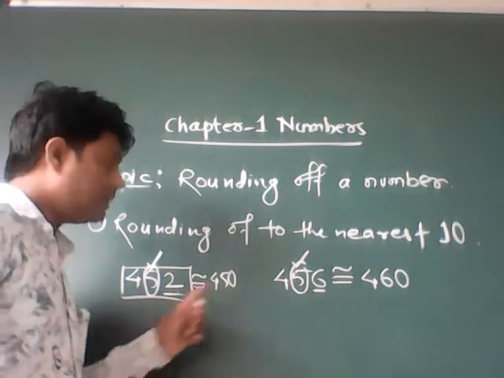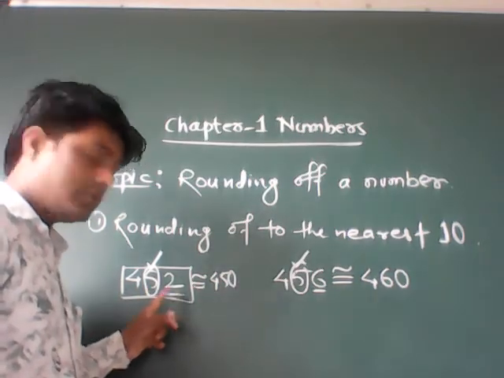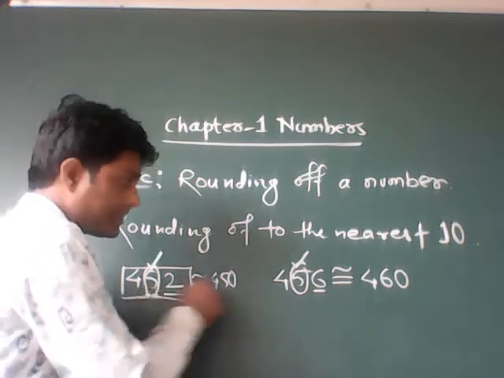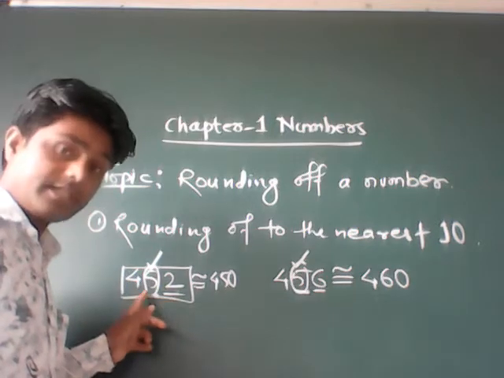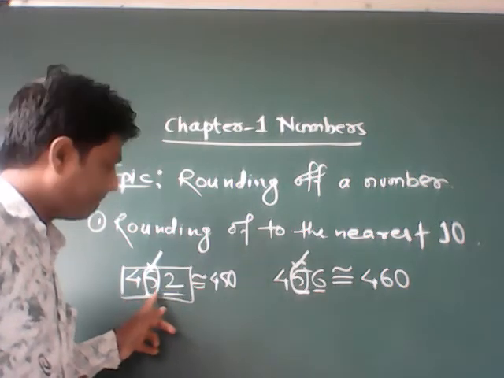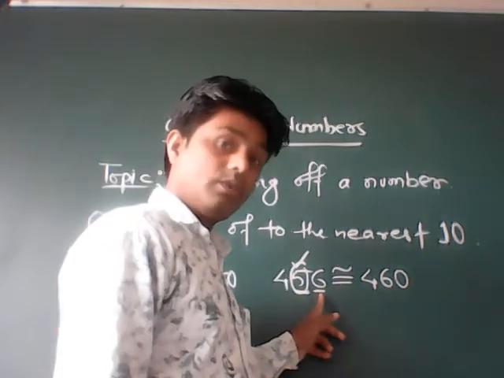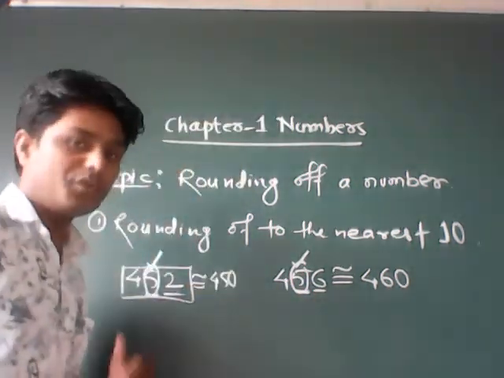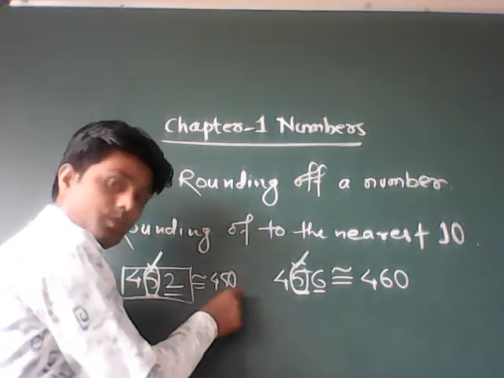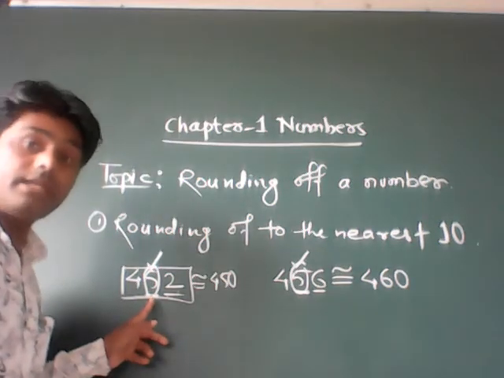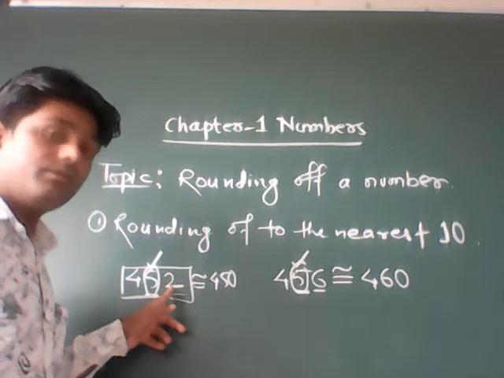Here the next digit is 2, which is less than 5, and here it is 6, which is more than 5. If it is less than 5, then it becomes 0, and there is no change in the tens place. This digit will remain unchanged, but this will become 0.